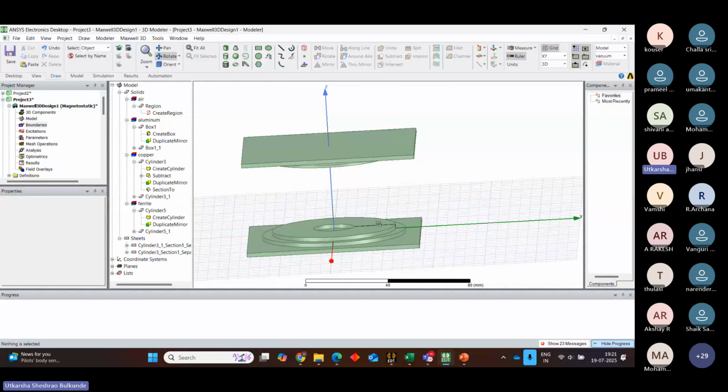But in the transformer case, the way we have made our geometry, the center of that coil winding terminal was not the center of your Ansys Cartesian system. That's why it was not working there, but it is working here. But we can make it work there also by drawing our geometry accordingly. Understood? Yes, ma'am.